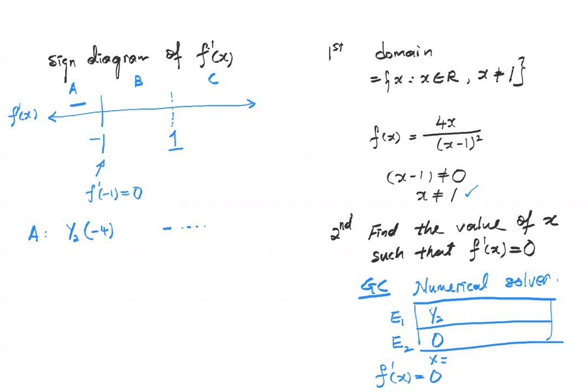So for region B, you press second enter. So your Y2 come out again. Change the number. Between -1 and 1, what number you want to put? Then press enter. The result come out positive or negative?